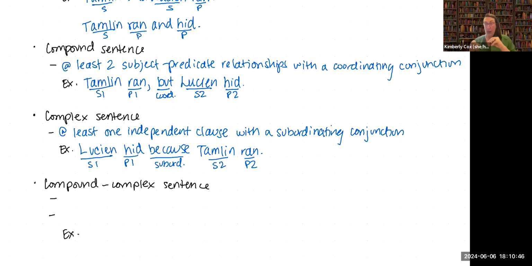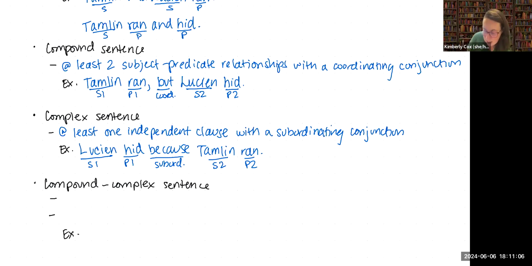So as you're looking at these, right, the difference between a compound sentence and a complex sentence is going to be the difference between a coordinating and a subordinating conjunction. Okay, so as we move into a compound complex sentence, it's going to combine these, right?